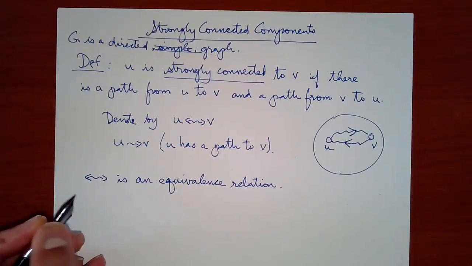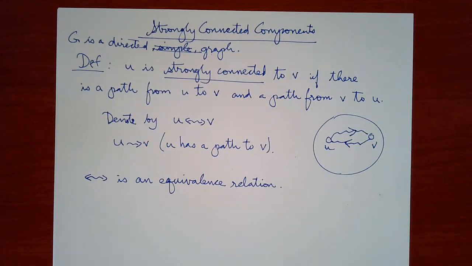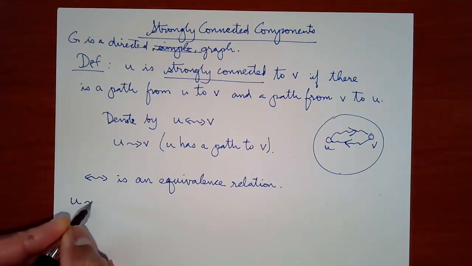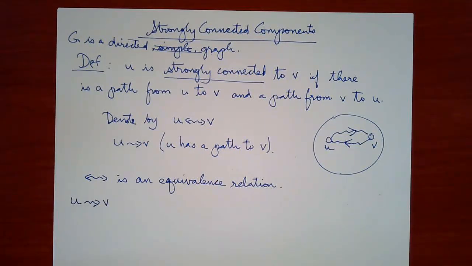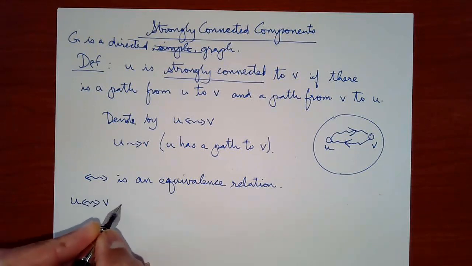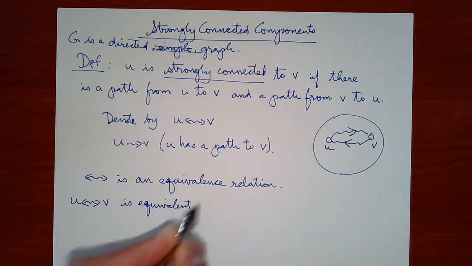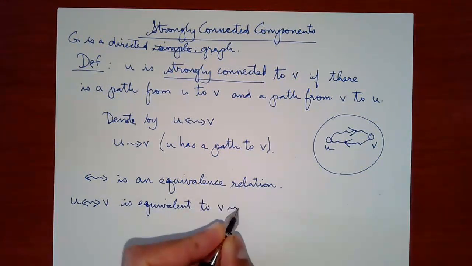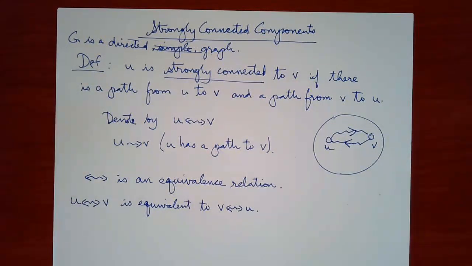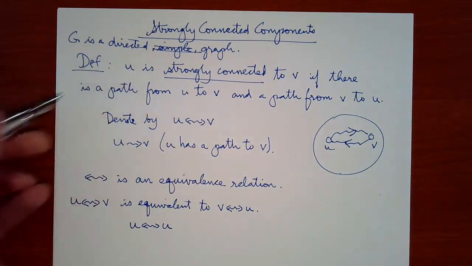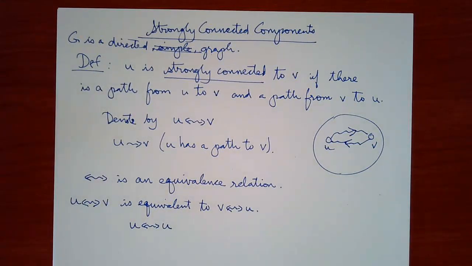So first, it's symmetric. So why is it symmetric? U being strongly connected to V is equivalent to V being strongly connected to U. Right? U is strongly connected to itself because a vertex by default has a path to itself, just that single vertex.